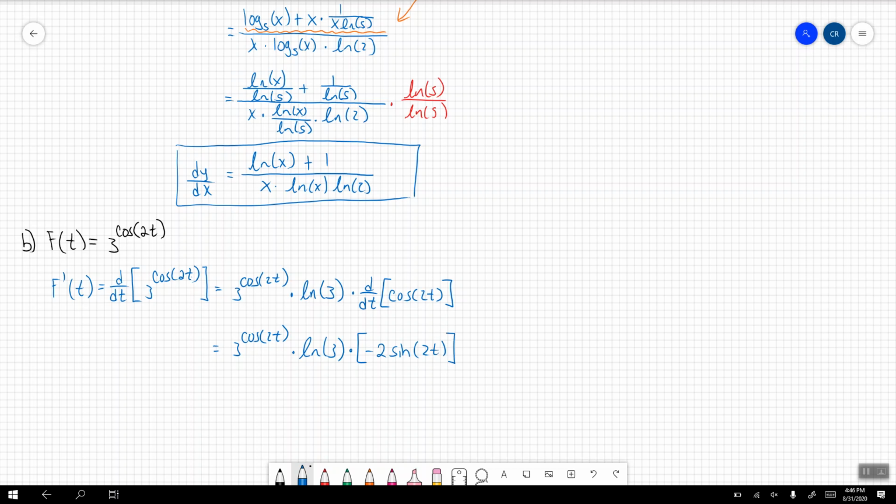And once I put everything together, I get negative 2 sine of 2t multiplied by natural log of 3 multiplied by 3 to the power of cosine of 2t. And this is a derivative for that function.